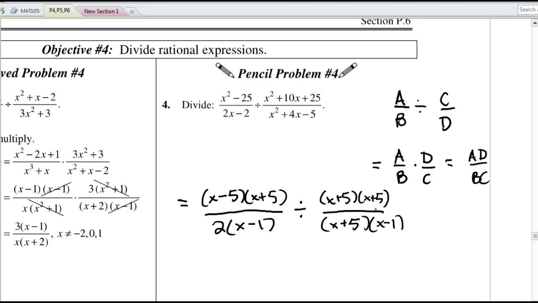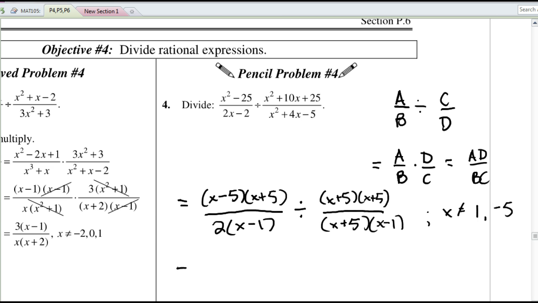Okay, so let's figure out all the numbers that we have to exclude. So right now, x cannot be equal to 1 or negative 5. Those are the two numbers that are causing problems.